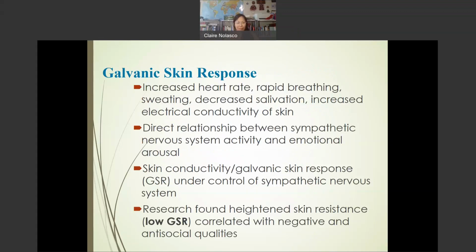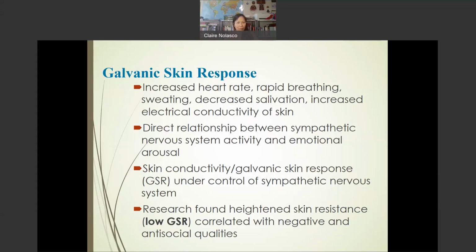Galvanic skin response studies also abound, and they try to explain behavior in terms of galvanic skin response or skin conductivity. So what is galvanic skin response? When your heart rate increases, you have rapid breathing, sweating, decreased salivation, and increased electrical conductivity of skin in response to external stimuli.